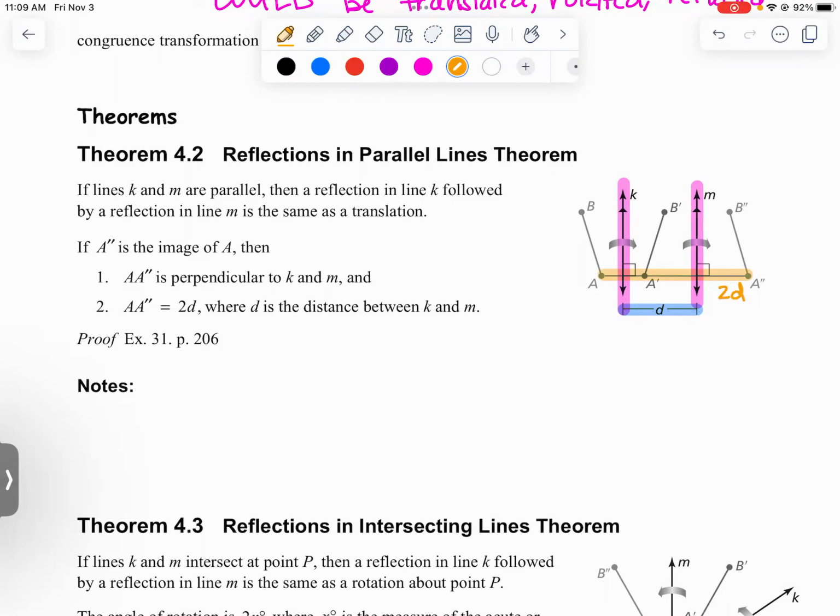So if I start a shape over here, reflect, reflect, as long as the lines are parallel, whatever the distance is between the two parallel lines, first point and reflect, reflect, last point are going to be double that distance. Are you following what I'm putting down? Yeah.